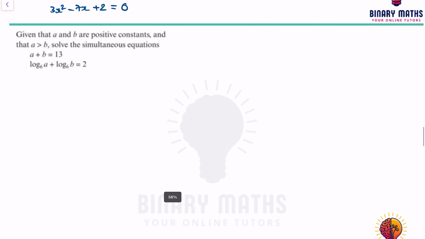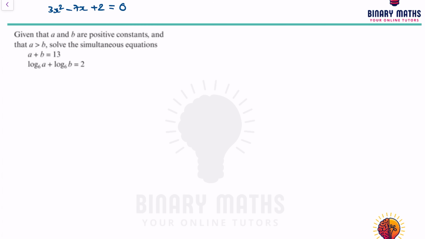Okay, next question. Given that a, b are positive constants such that a is greater than b, solve the simultaneous equations a plus b is equal to 13 and log base 6 of a plus log base 6 of b is equal to 2. Okay, so we've got a plus b is equal to 13, which implies b is equal to 13 take away a in the first equation.